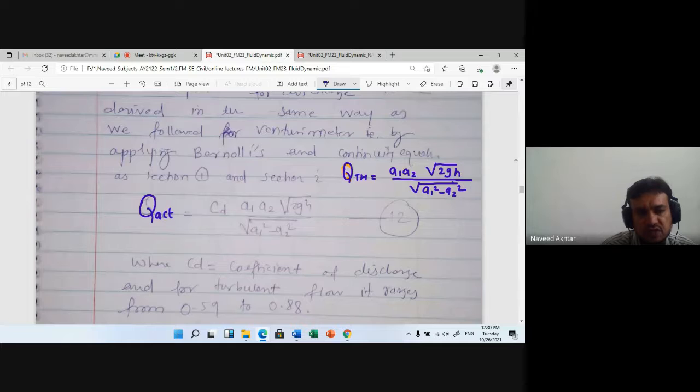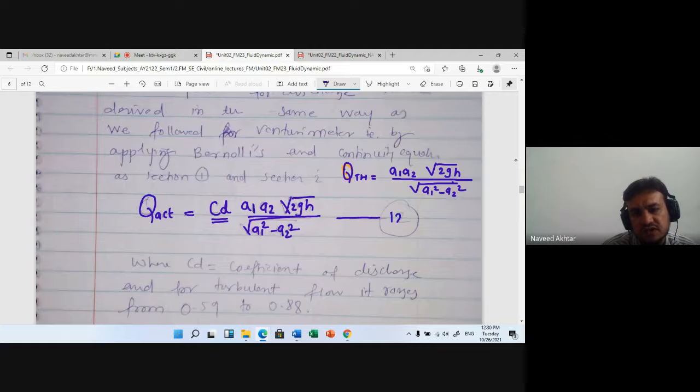And for the actual discharge, Q actual is equal to, you have to add the coefficient of discharge. The formula is the same, just add the coefficient of discharge CD: Q actual equals CD A1 A2 under root of 2GH divided by under root of A1 square minus A2 square.